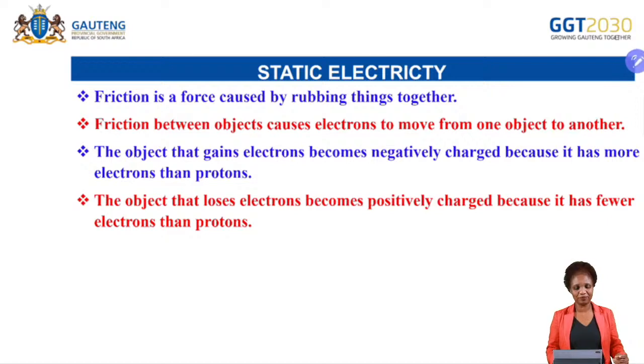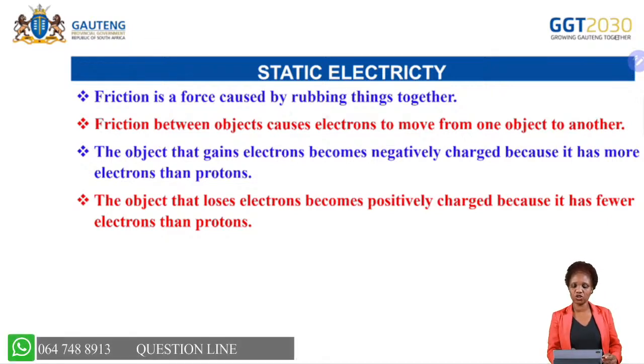Let's move on. Static electricity. Friction is a force caused by rubbing things together. For example, if you take a glass rod and a cloth, then you rub these together. This is friction. And what's going to happen?